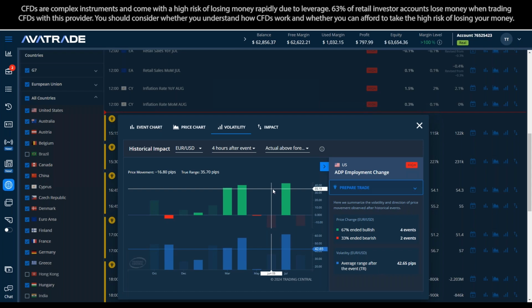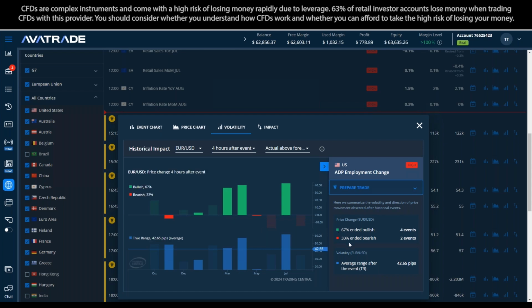If the data comes in above forecast, maybe it does like one of these did where it dropped some. But we see in general, if we're going on the statistics, not only did the movement go up twice as often compared to going down when the numbers came in above forecast, went up 4 times and down only twice, but the movements up were much larger on average than the downward movements.